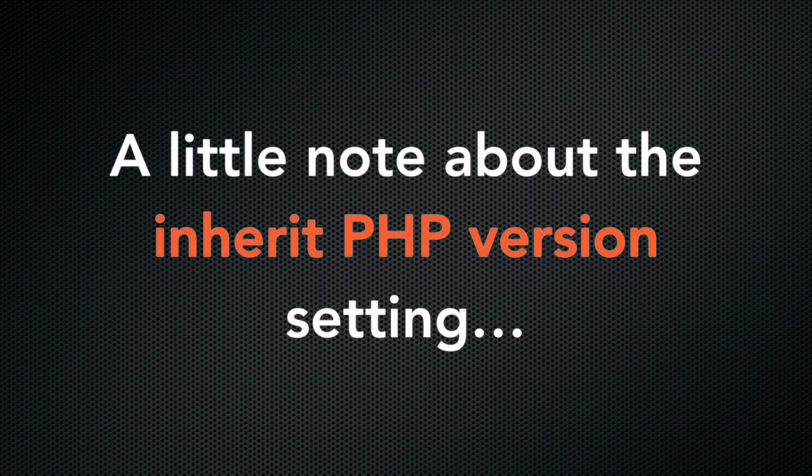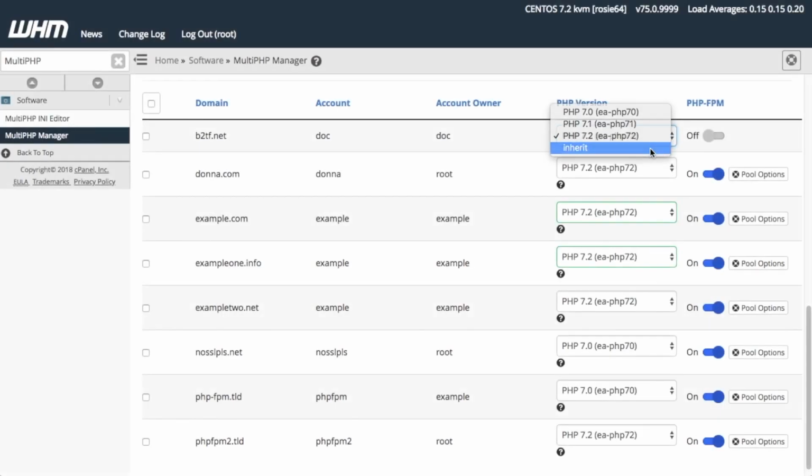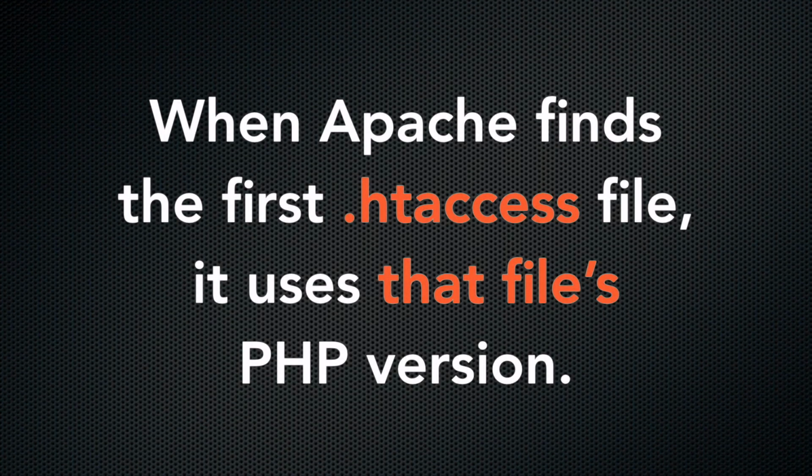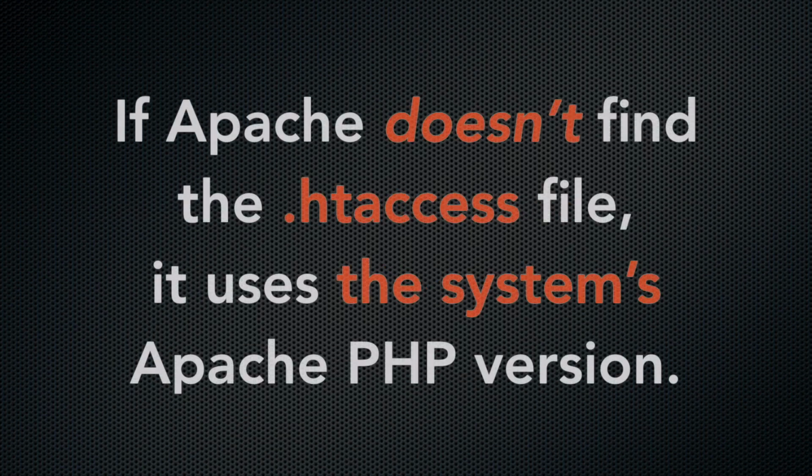Here is a little note about the Inherit PHP version setting. When you set a domain to inherit, Apache looks at the domain's file structure. When it finds the first .htaccess file, it will use that file's PHP version. If Apache doesn't find the .htaccess file, it will use the System Apache PHP version.